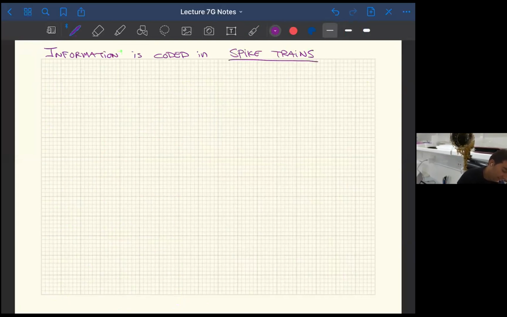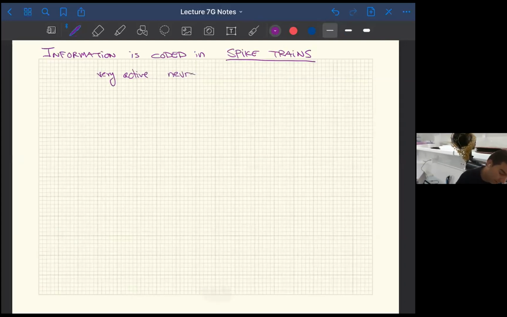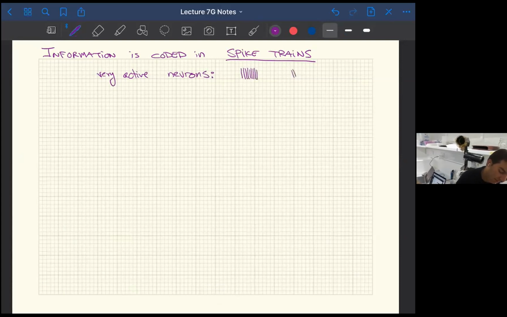You could have very active neurons that might have a bunch of spikes arriving very close to each other, and maybe more periods where they arrive close together but then gaps in between.